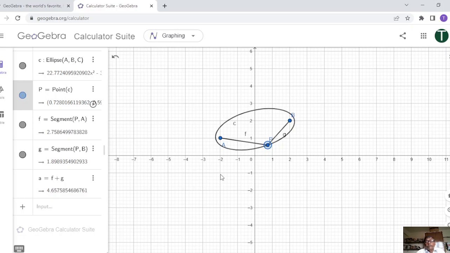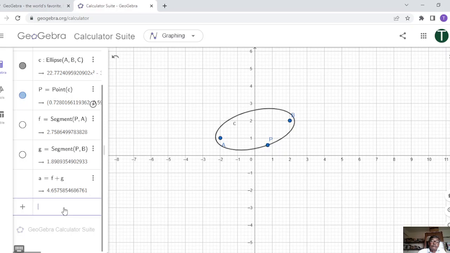Now, as I promised you, I will try to draw the tangent to this ellipse at any point P. Say P is already there. I will try to do that. So this G and F, right now I don't require after I have explained to you what I want to do.